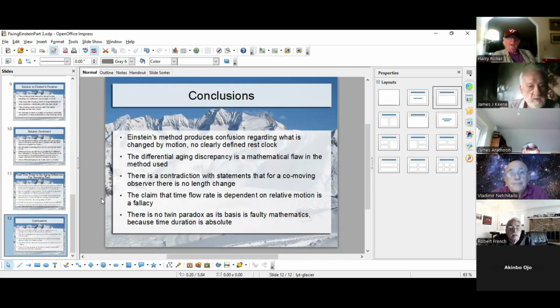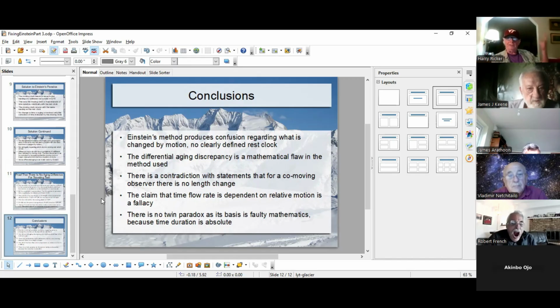Okay. Einstein's method produces confusion regarding what is changed by motion. So there's no clearly defined rest clock. That's part of the confusion in his theory. What's the rest clock in his theory? Because any clock can be a rest clock, whether it's moving, doesn't make any sense. The differential aging discrepancy is a mathematical flaw in the method used. So there's really no change in time.